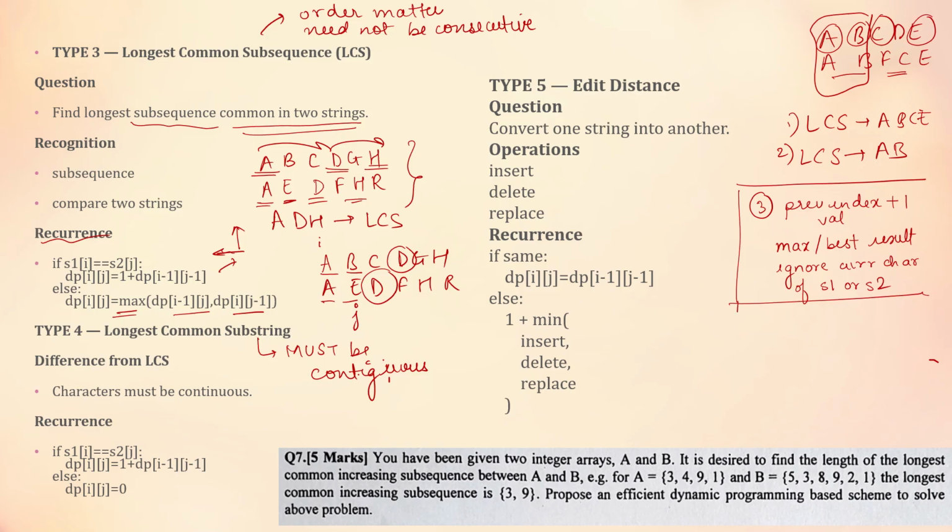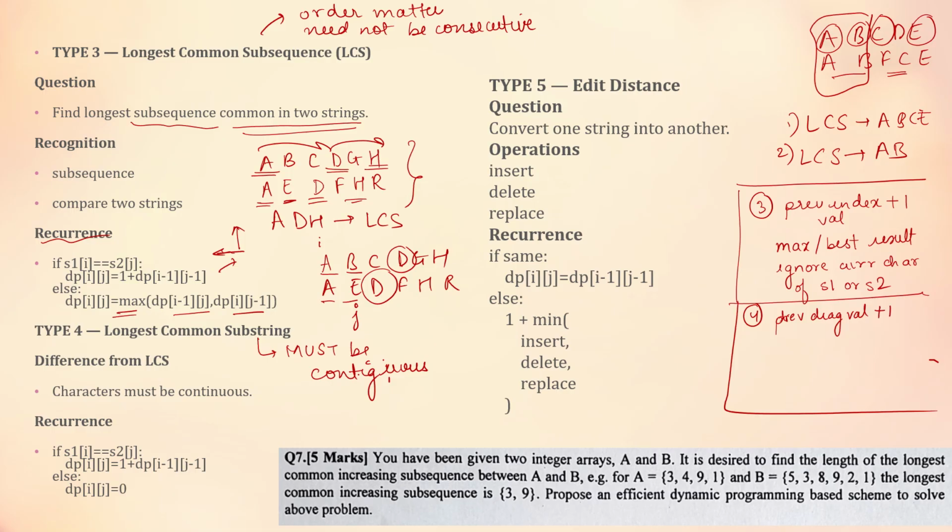Now in case of type 4, longest common substring. If they are equal, that means they match and they can be a potential substring. Therefore we add 1 to the previous diagonal value. So we'll write previous diagonal value plus 1.